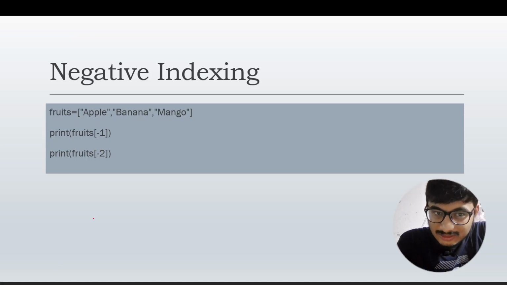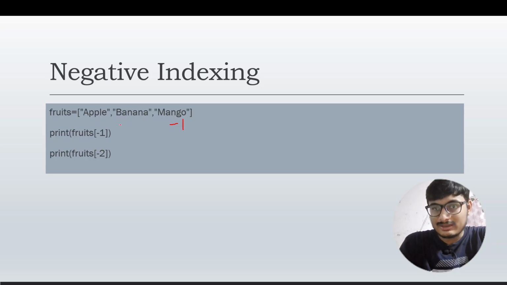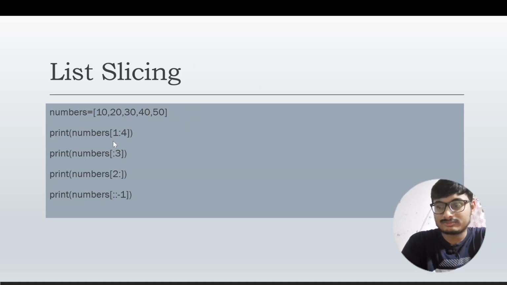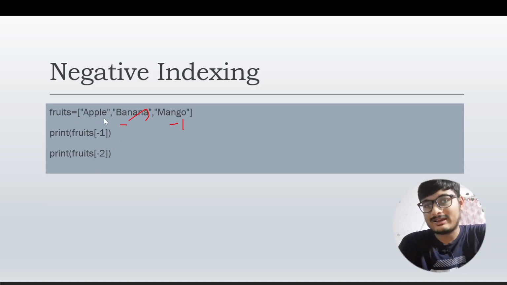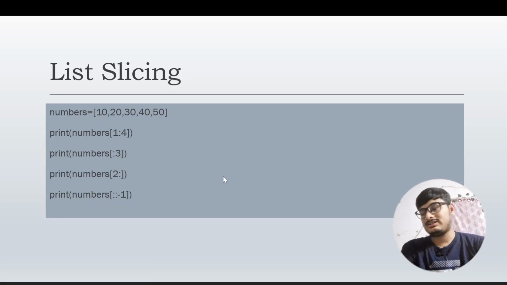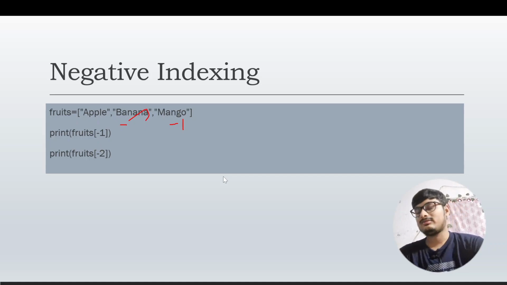Let me show it to you. At -1 this is mango, at -2 this is banana, and at -3 this is apple. So these things are present here.